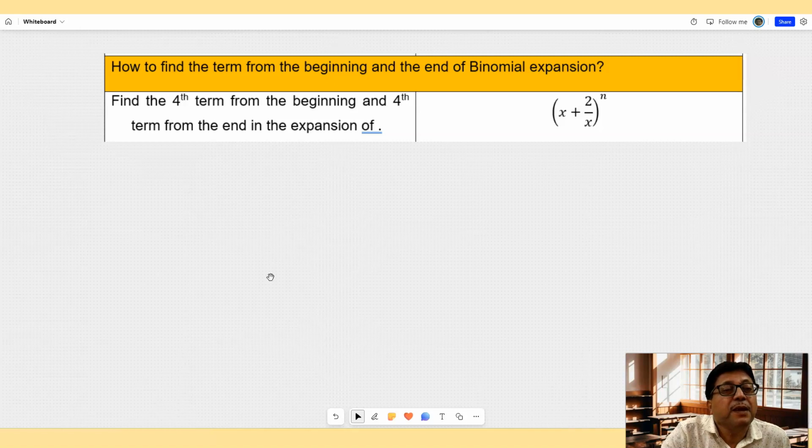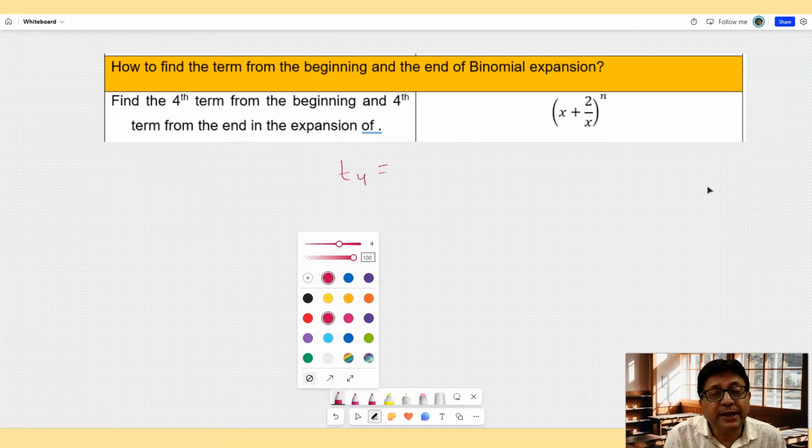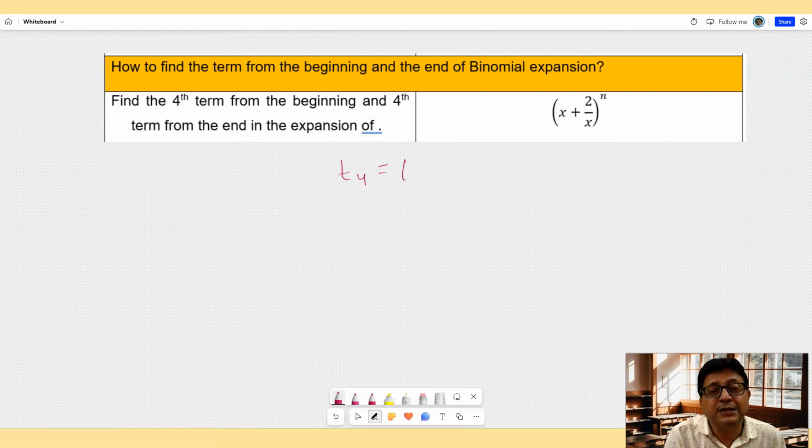That is the fourth term from the beginning and the fourth term from the end in the expansion of this. Fourth term from the beginning, when you are finding T4, we can find easily just by writing this in the form of general term, that is T4 as T(3+1). T(3+1) is what? nC3 x to the power n minus 3, (2 by x) to the power 3.